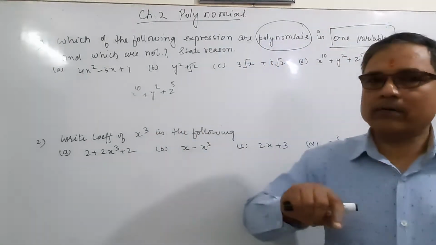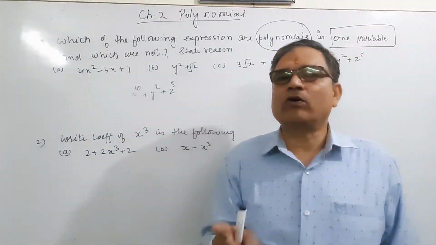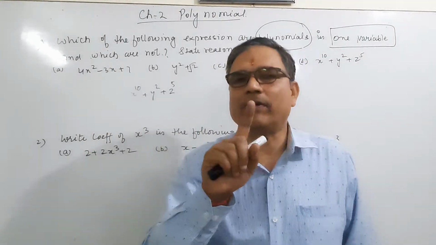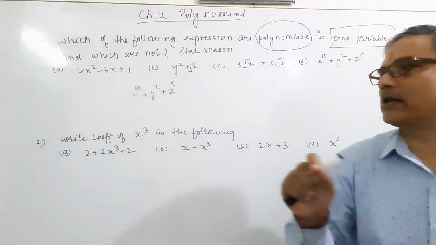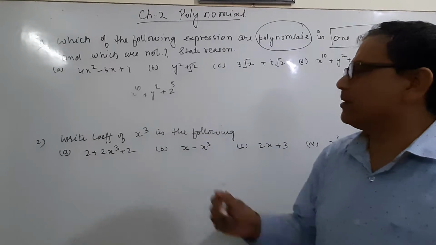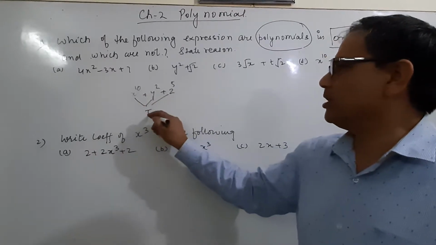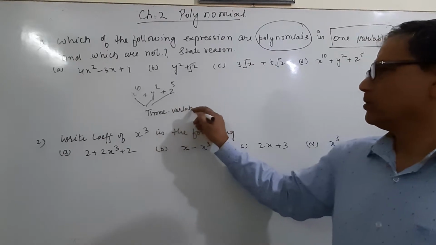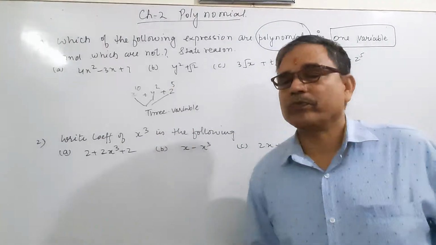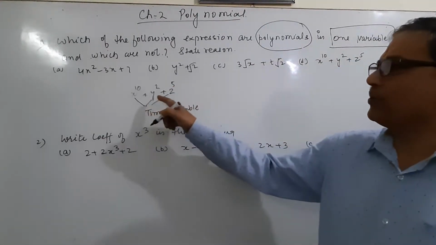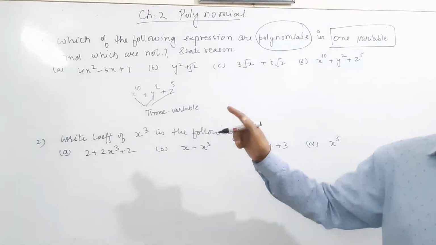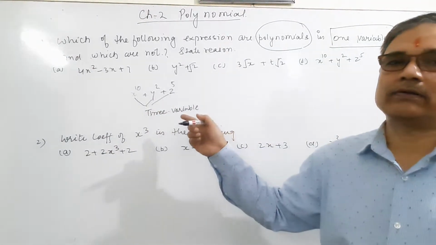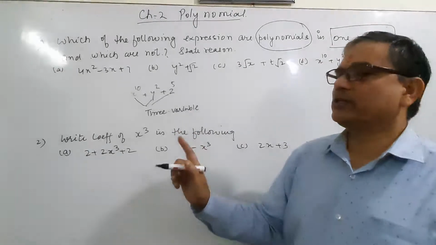So it is a polynomial, but it is not a polynomial of one variable, because it contains three variables. So what will we say? It is a polynomial but not in one variable. Is it clear?